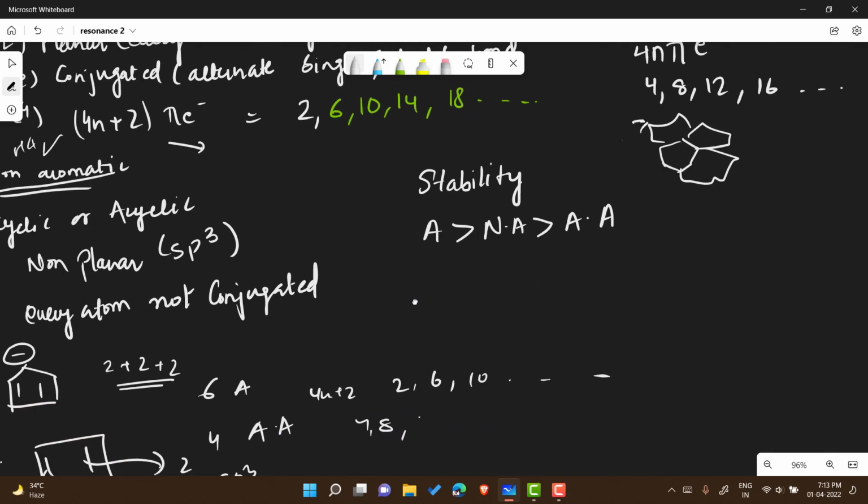And the reason of this is aromatic has 2 electrons in their bonding molecular orbital. So it is something related to molecular orbital theory, and whereas even non-aromatic have electrons in their bonding molecular orbital, whereas anti-aromatic compound don't have electron in their bonding molecular orbital, whereas it has in their anti-bonding molecular orbital.